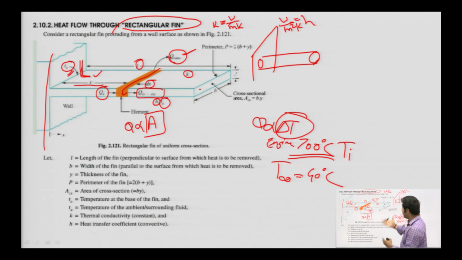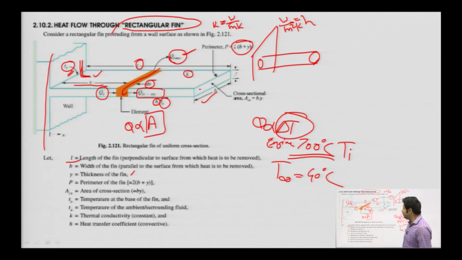So let's get into this. These are the parameters. L is the length of the fin, I have already marked it there. B is the width of the fin, and Y is the thickness of the fin. I will be talking about the perimeter. The perimeter is basically twice the breadth plus the thickness of the fin.